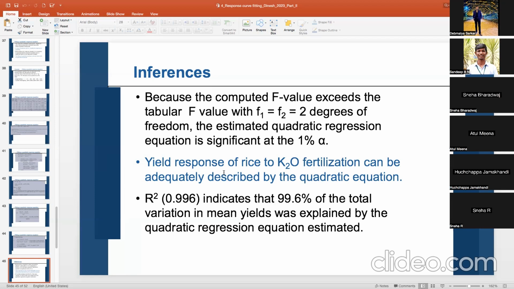R square of 0.996 indicates that 99.6% of the total variation in mean yields was explained by the estimated quadratic regression equation. Sorry, that was not linear; I made a mistake last time in explaining it. I should have said quadratic regression equation in place of linear regression equation. I hope this is clear to you.